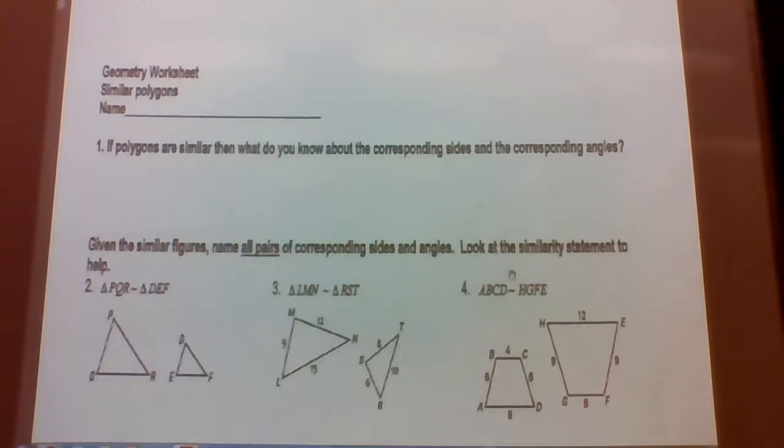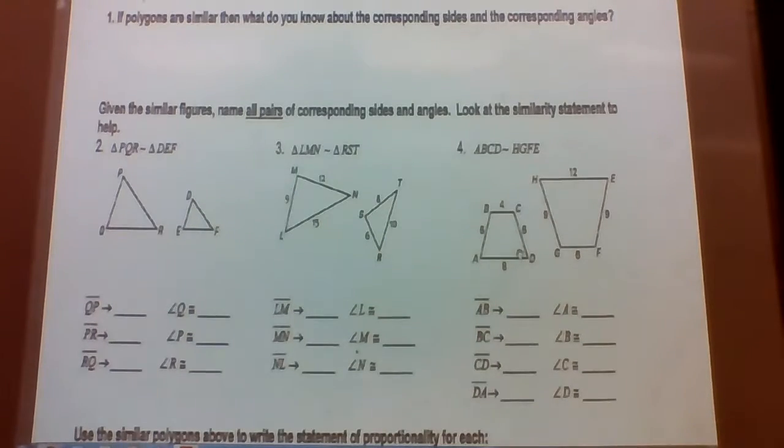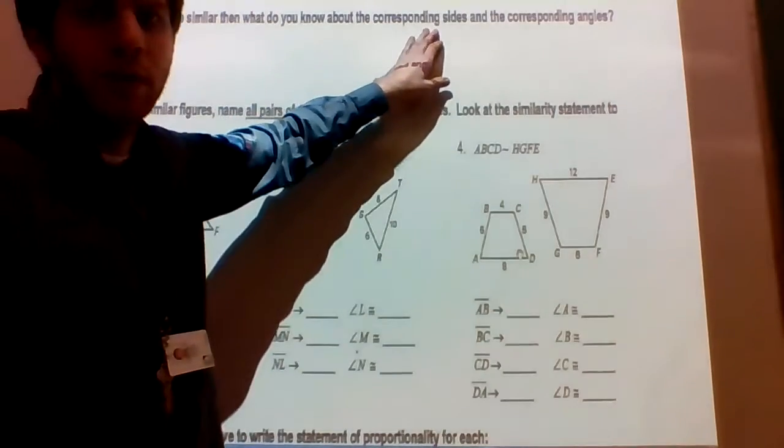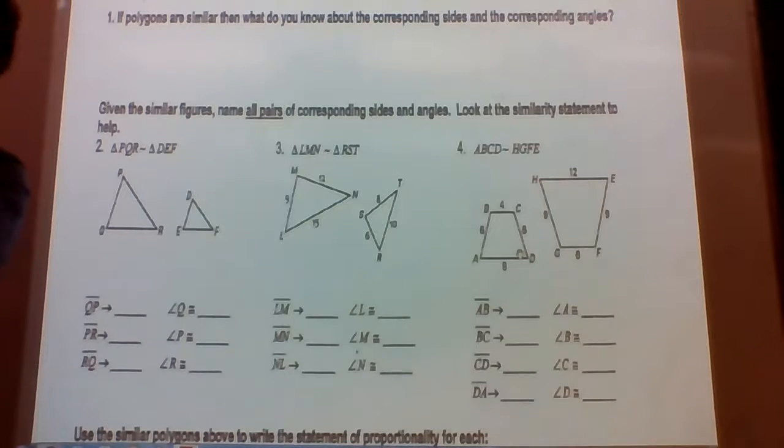Okay, first question here: if polygons are similar, then what do you know about the corresponding sides and the corresponding angles? We know if we have similar polygons, the sides are going to be proportional. The ratios between each set of corresponding sides is going to be equal, and since those ratios are equal, the sides are proportional.